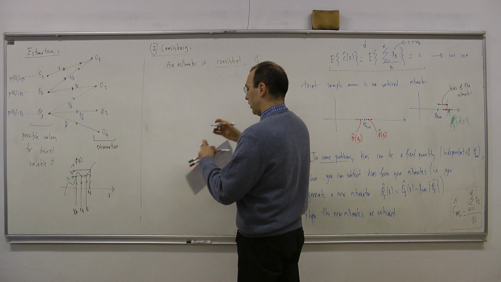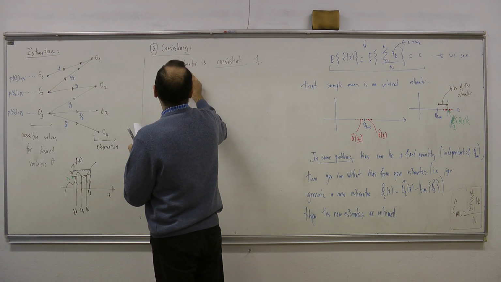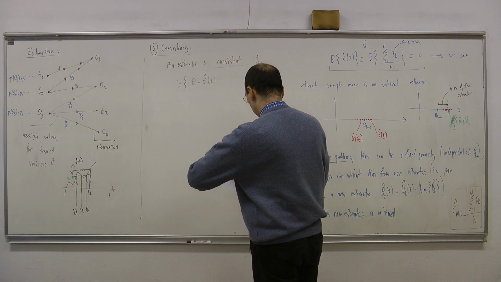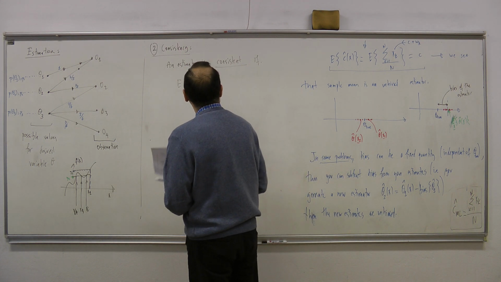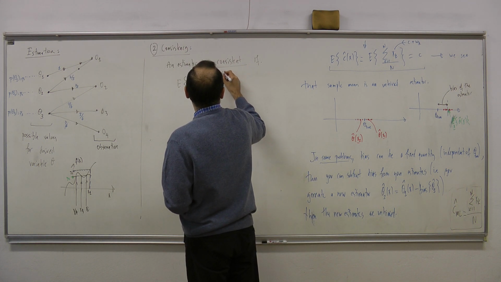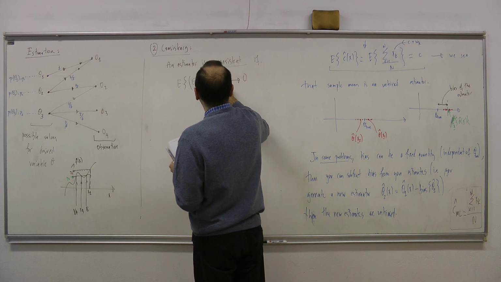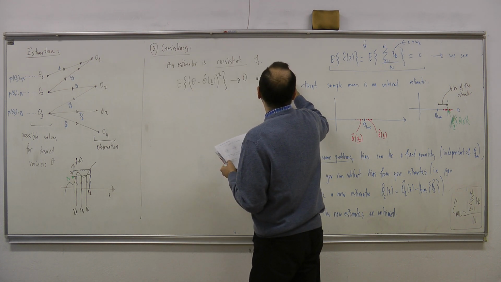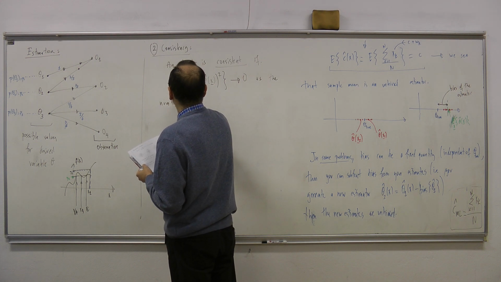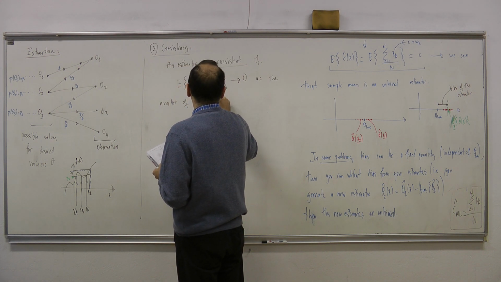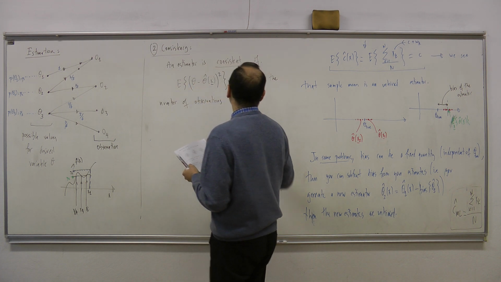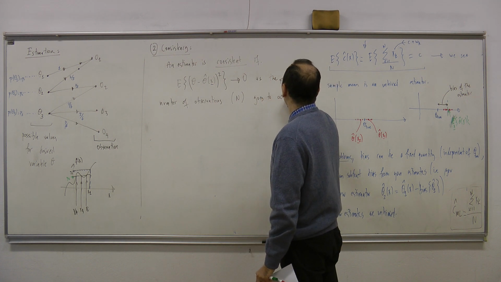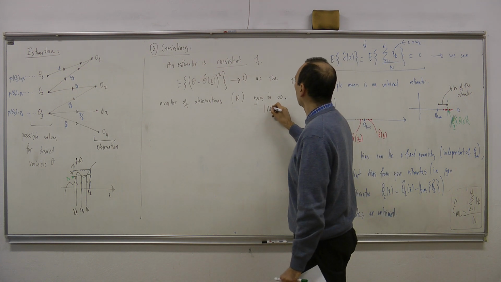If the expected value of (theta minus theta hat) squared goes to 0 as the number of observations, that is n in our case, or the dimension of this vector, n, goes to infinity.